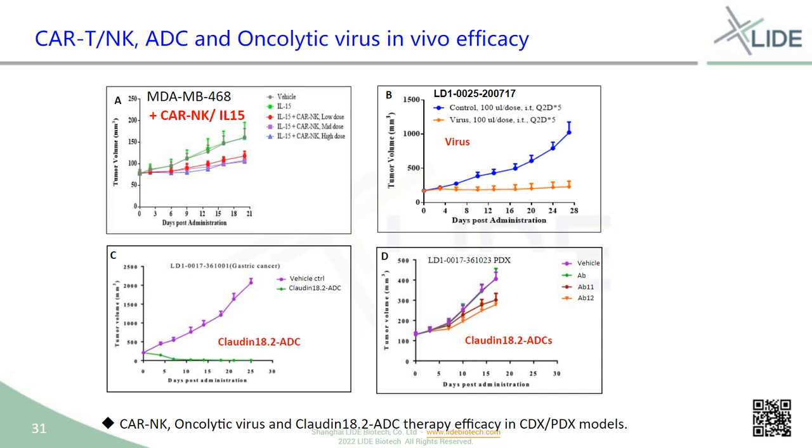For the Claudin 18.2 target, it is so interesting that not only its monoclonal antibody or bispecific antibody efficiently eradicates cancer cells, as I previously mentioned, but its antibody drug conjugate, ADC drugs, nicely suppressed multiple gastric cancer growth.